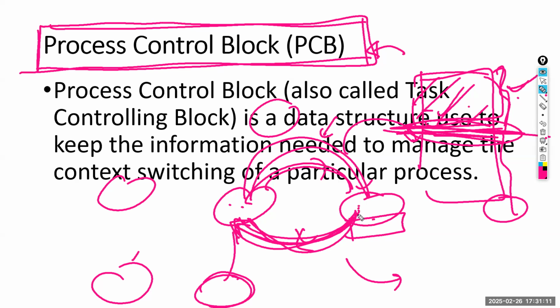Especially when going from running to ready, it needs to write down all the values of the current registers, because they must be reinitialized so that it can proceed from that point. What is the current execution instruction's memory address? What are the currently open file names?